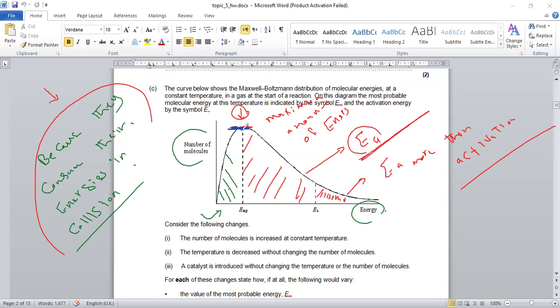Either this peak area, or the activation area where the molecules have the same activation energy, or this area. Which one, when increased, will increase the rate of chemical reaction? The first one. The first one is not.